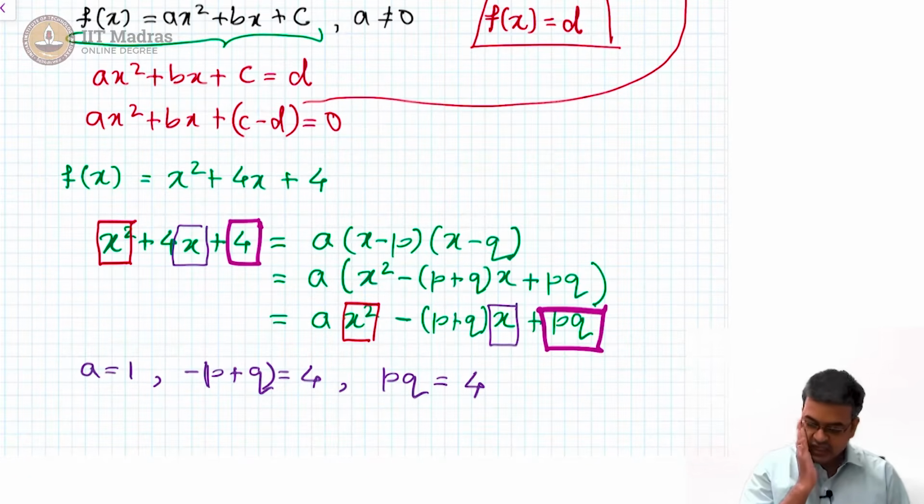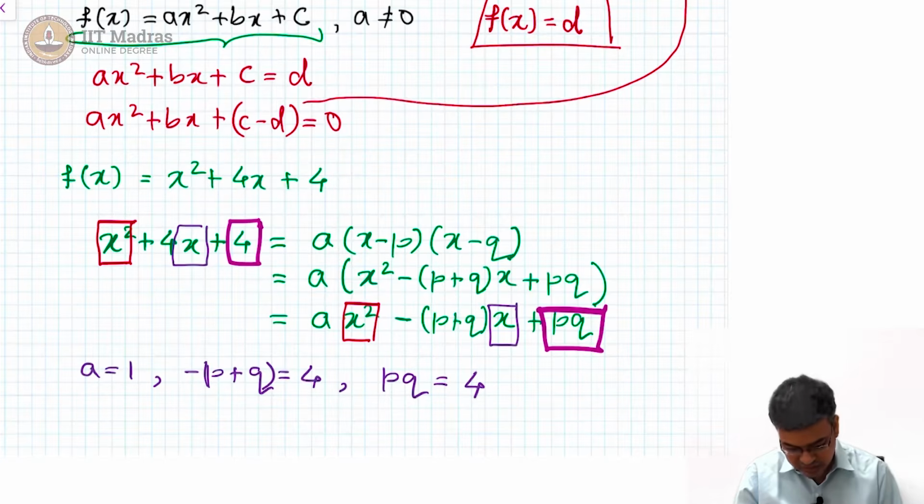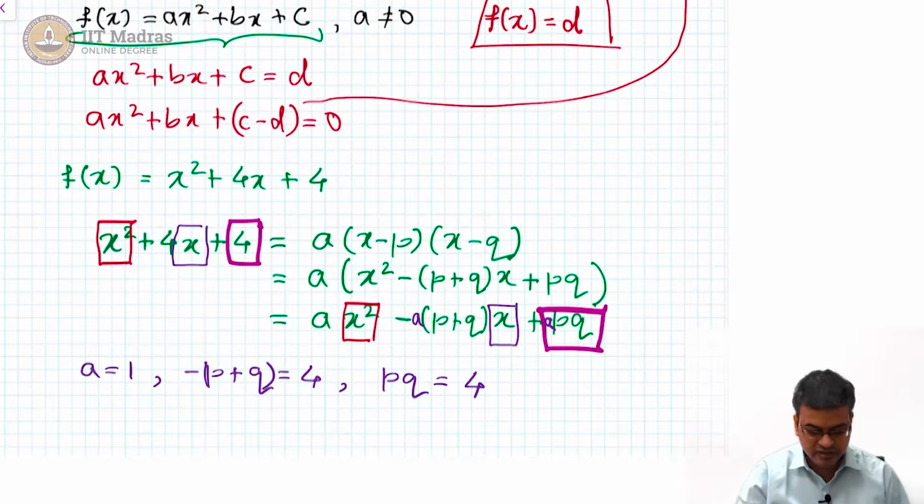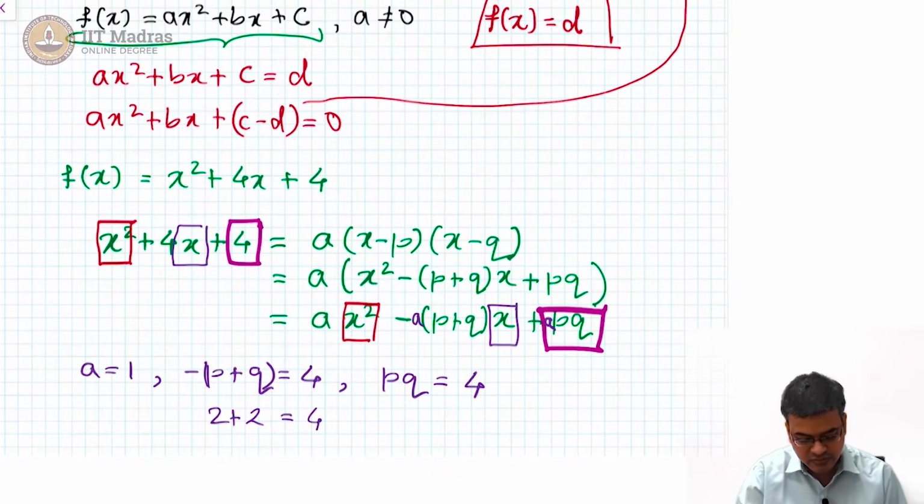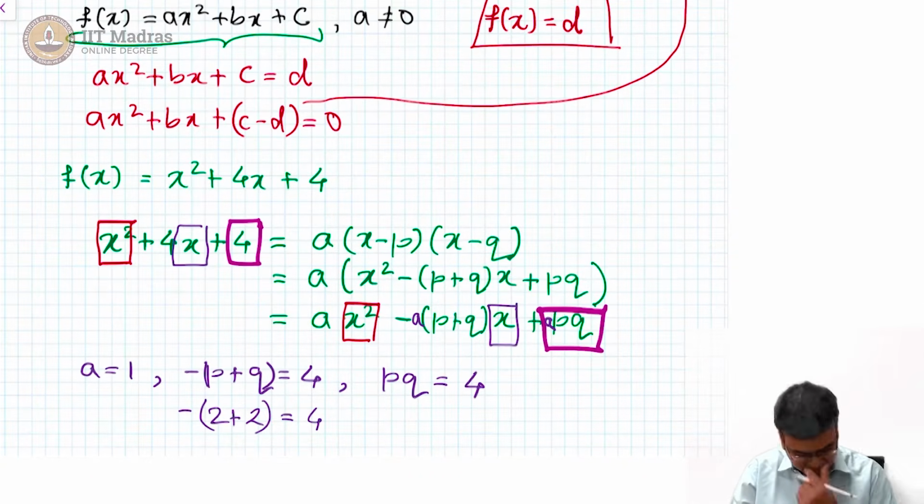Okay, fantastic. Here I have made some minor error: this should be a, but I know that a is equal to 1, so I don't have to worry about it. Now I know 2 plus 2 is going to be 4, but this particular thing has a negative sign, correct?